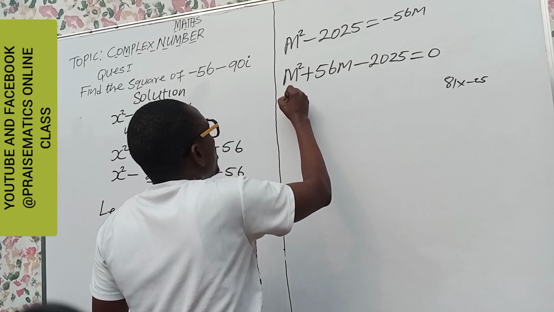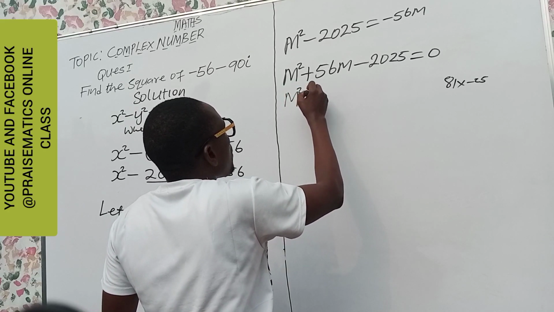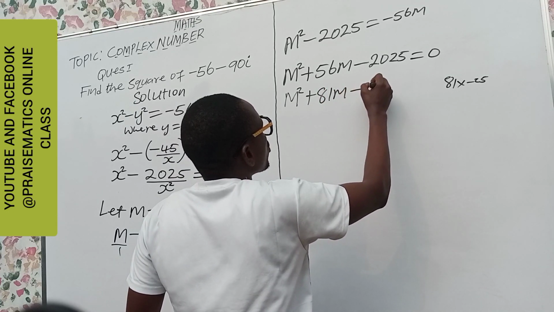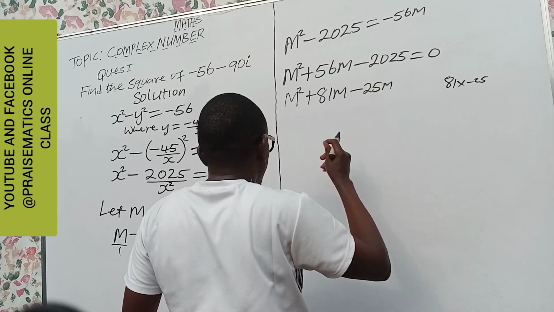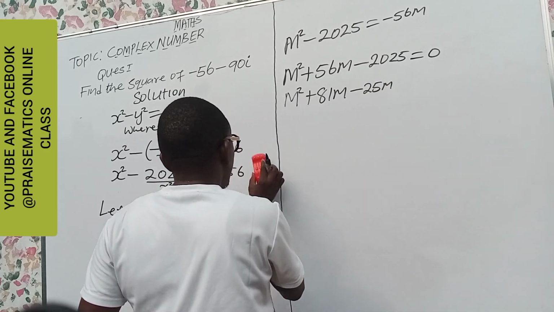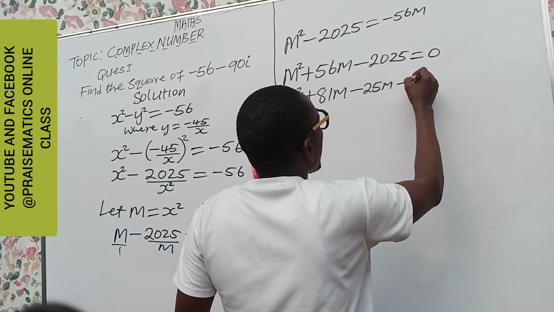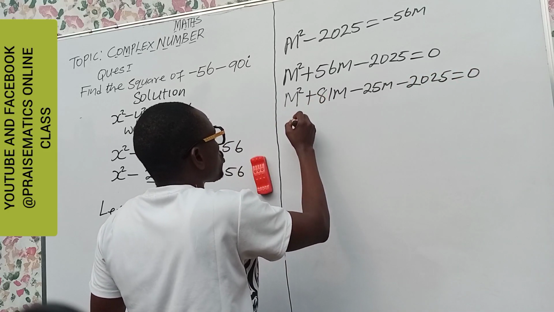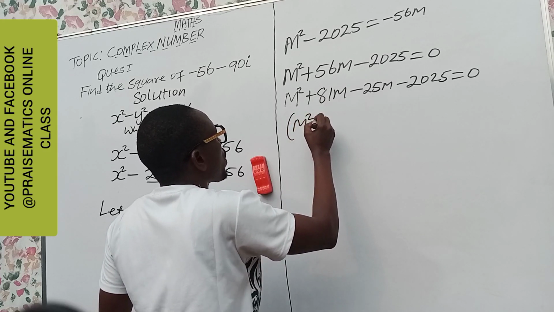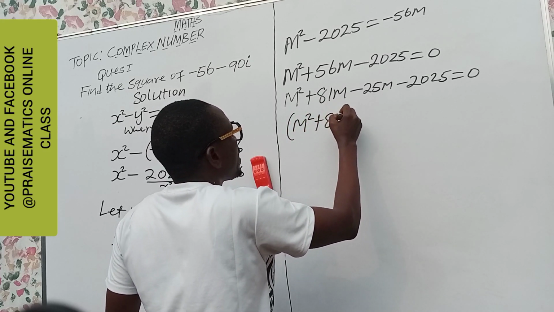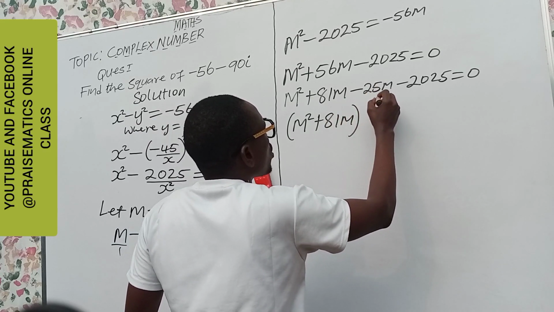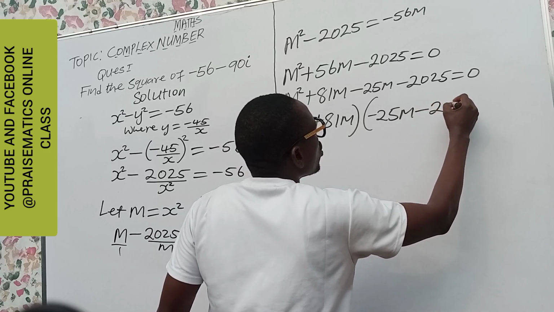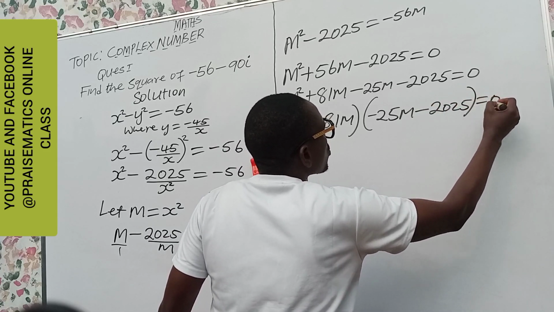So we are going to have it as m squared plus 81m minus 25m minus 2025 all equal to 0. Partition them. We have that m squared plus 81m, close it, minus 25m minus 2025, close it, equal to 0.